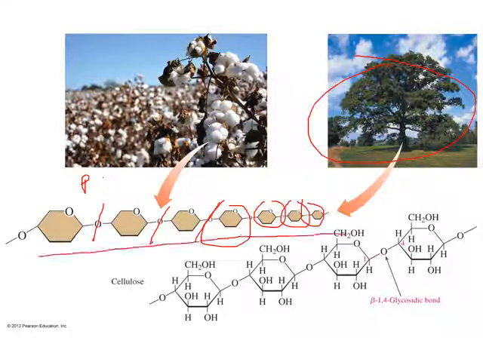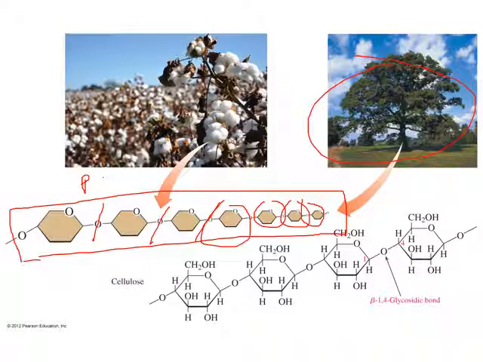So it's a shame, okay? A piece of paper is made of thousands and thousands of glucose molecules, which are potentially tons and tons of energy. But we can't break the glucoses off of the cellulose. We don't have the enzyme to do that.